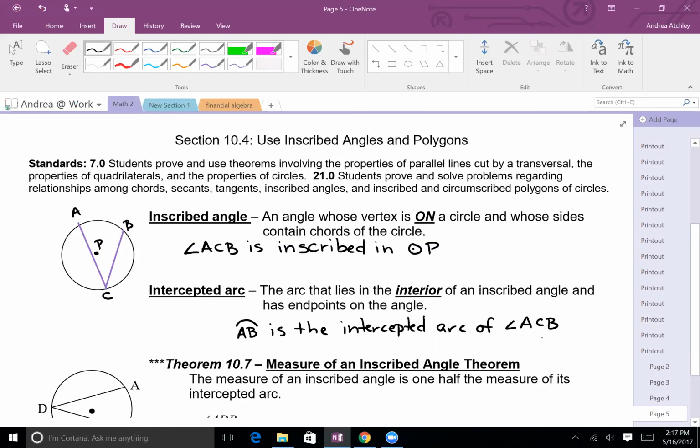Arc AB is the intercepted arc of angle A. So the two endpoints of the angle are the endpoints of the arc.